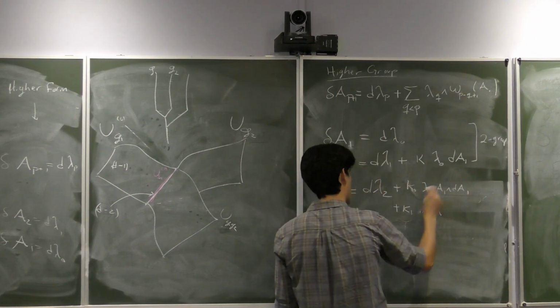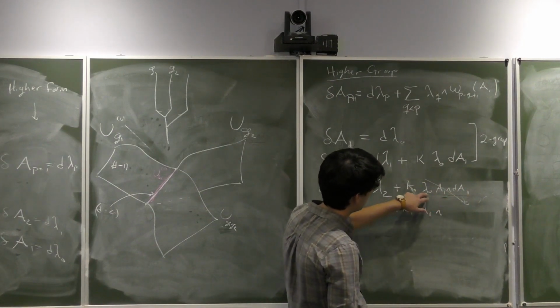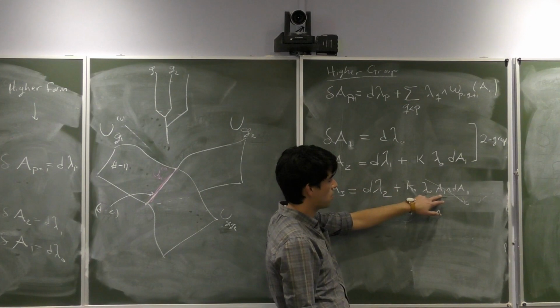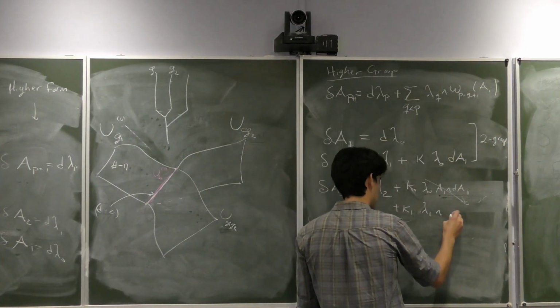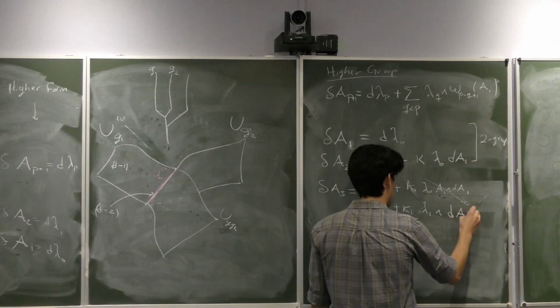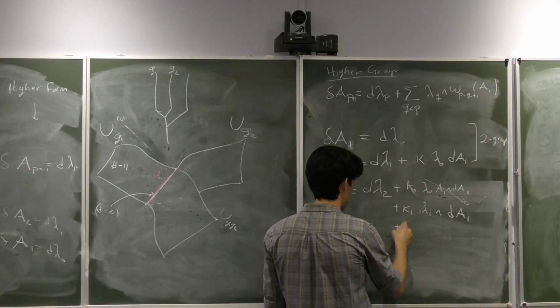I think actually this term is not allowed, because it would depend on the gauge transformation twice. So, anyways, sorry, then you have dA1, and then you can also, oh, okay.